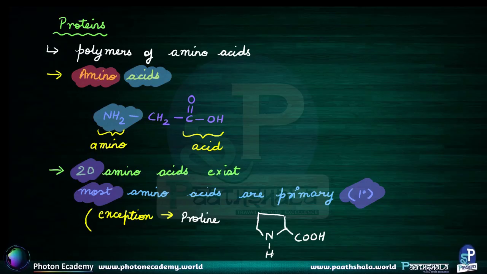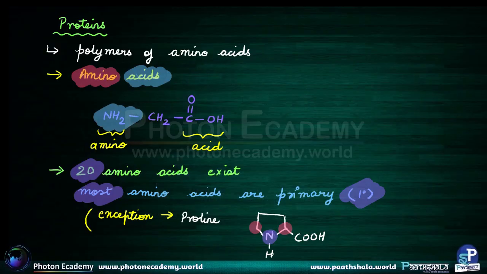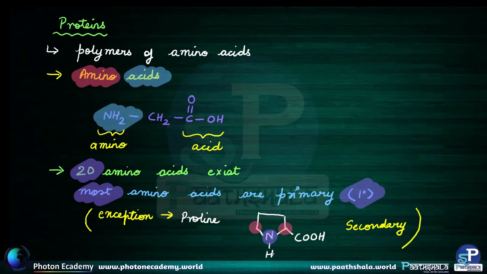We can clearly see that the nitrogen is connected to two carbons, and therefore proline will be secondary and not the more dominant species. Most amino acids are primary, but proline is a secondary amino acid and therefore an exception. You can call secondary 2 degree also.